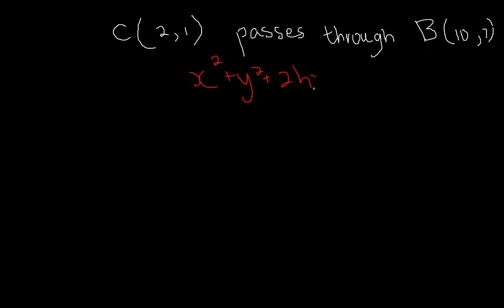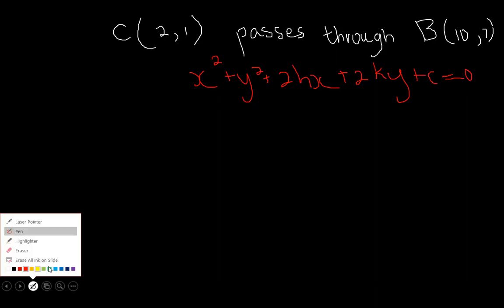People who weren't here, don't worry, I recorded it. x squared plus y squared plus 2gx plus 2fy plus c is equal to 0. So anybody finish this question and has an answer for me? Going once, going twice. No, okay, that's cool. Don't worry about it.